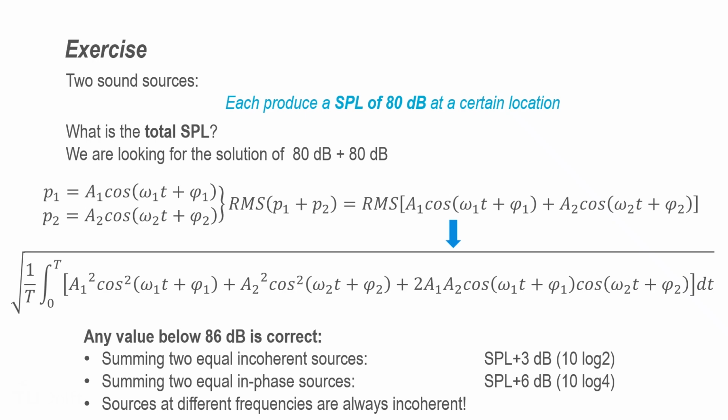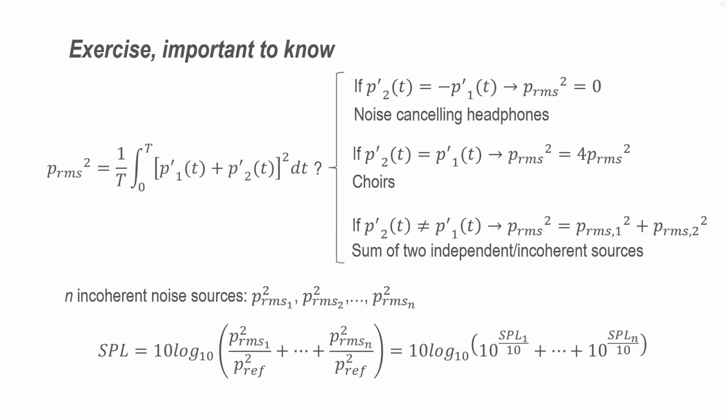In case of perfectly out of phase waves, the result will be total cancellation. For coherent sources, you will get 4 times PRMS squared, corresponding eventually to a factor of 10 log 4 or 6 dB. And for incoherent sources, you will get a factor of 10 log 2, or equivalently a 3 dB increase.